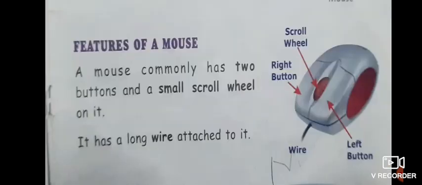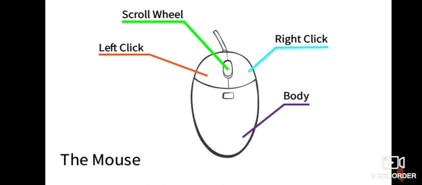Okay. Now next is features of mouse. Now let's see the features of mouse. A mouse commonly has 2 buttons and a small scroll wheel on it. It has a long wire attached to it. So mouse has 2 buttons, left and right, and 1 wheel.